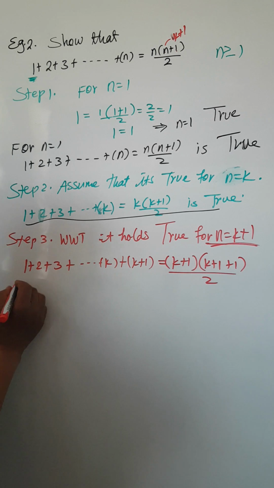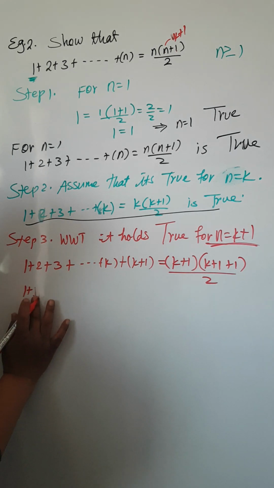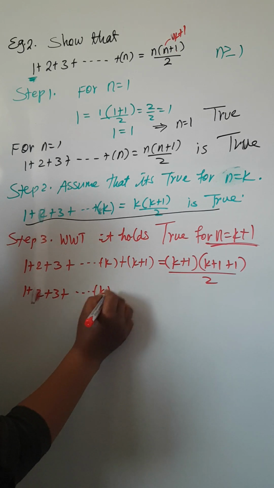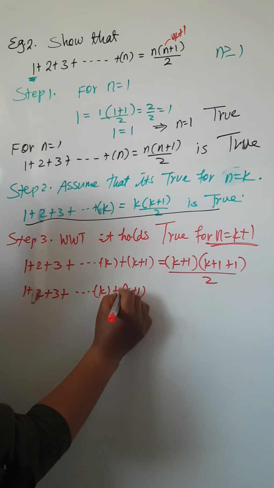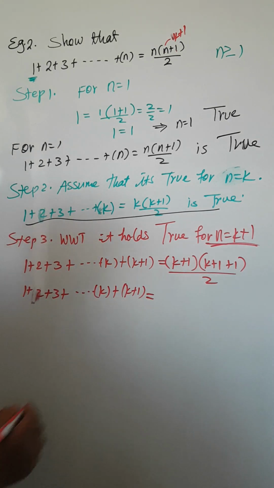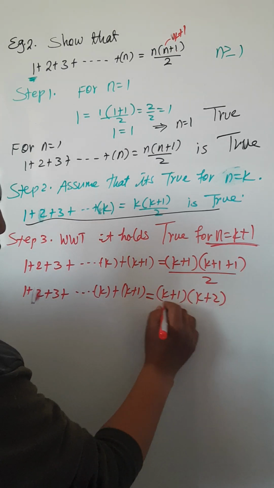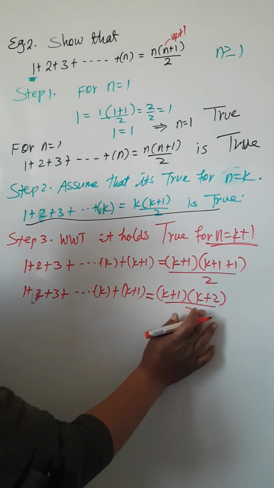So 1 plus 2 plus 3 plus k plus k plus 1 is equal to k plus 1 times k plus 2 over 2.